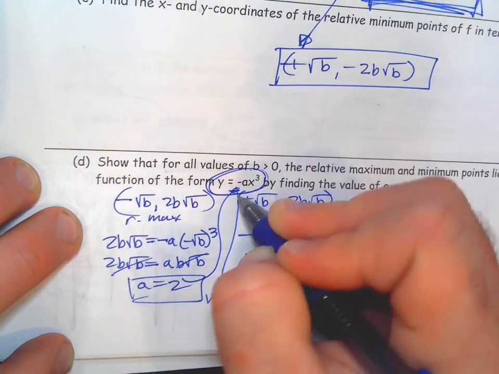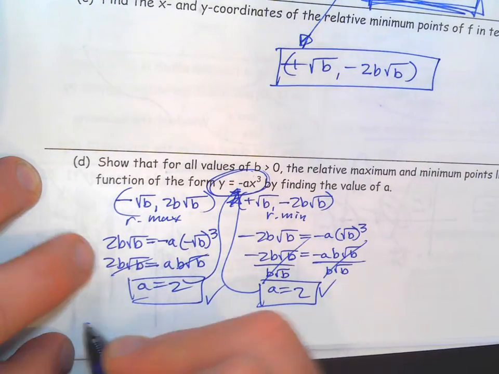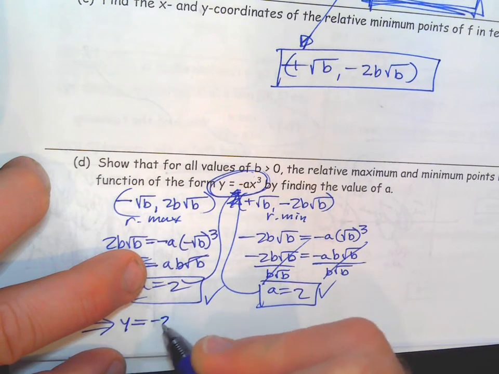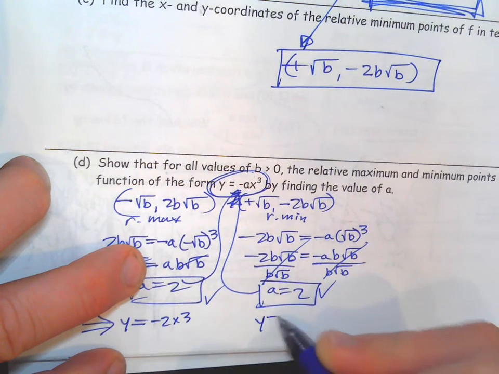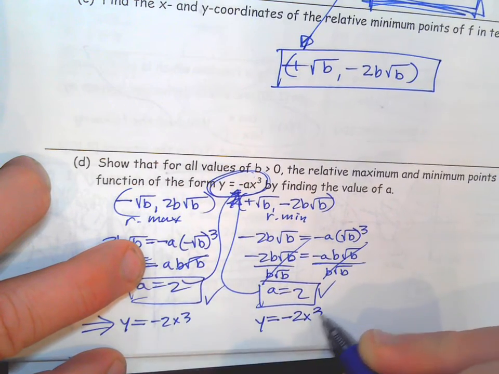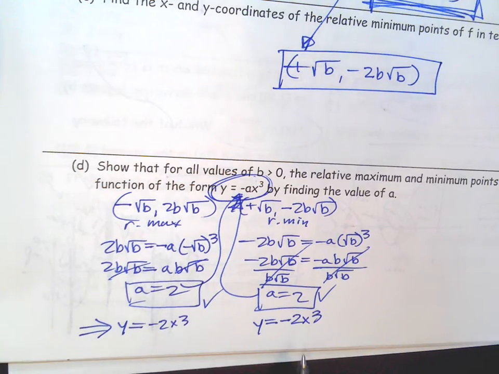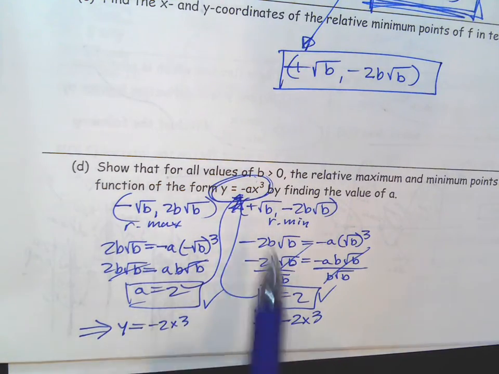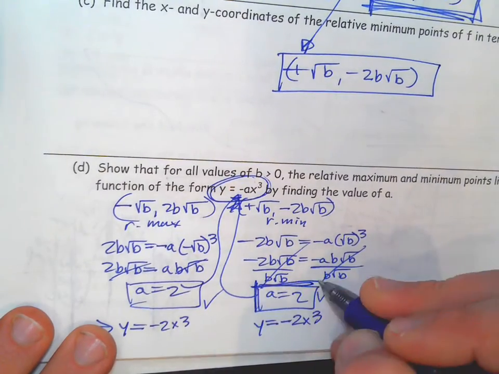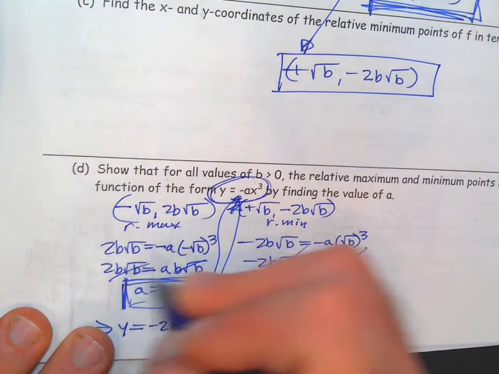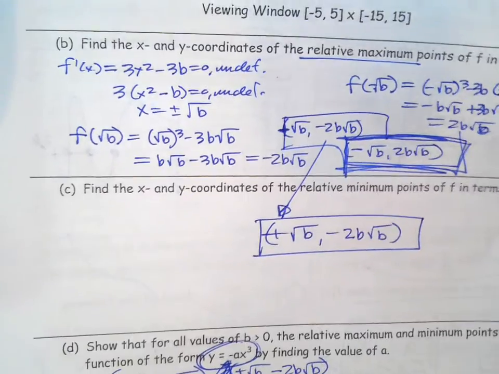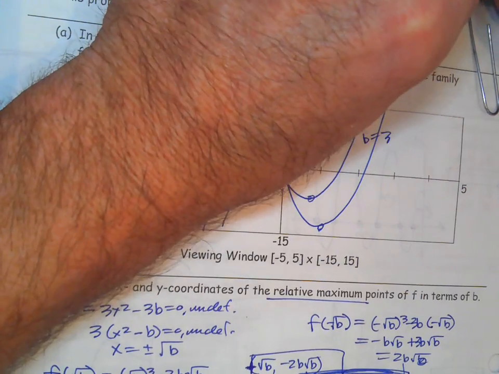So this is saying that the equation for this one would be y equals negative 2x cubed, and this one would be y equals negative 2x cubed. So these points for sure lie on this cubic graph with a value 2. They said find the value of a, so we did. A equals 2. All right, that's it. I guess the graphing calculator didn't really come in handy there except for the first step.